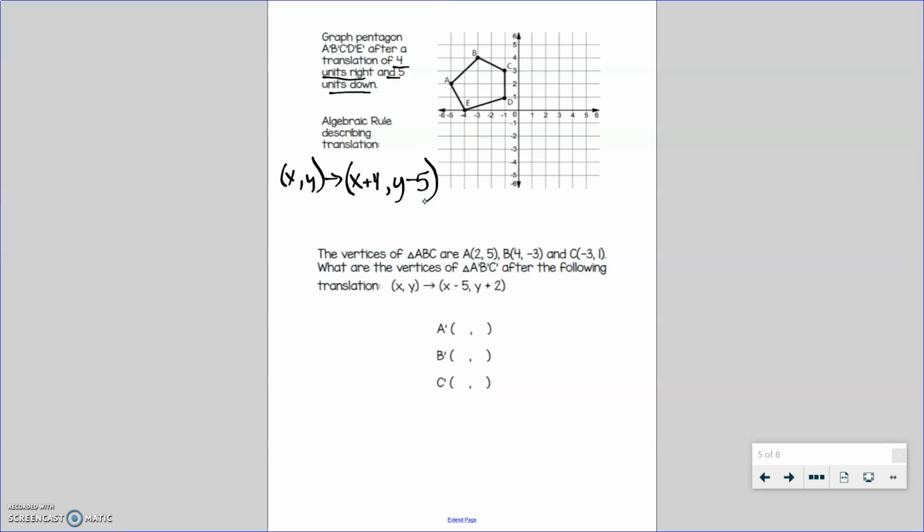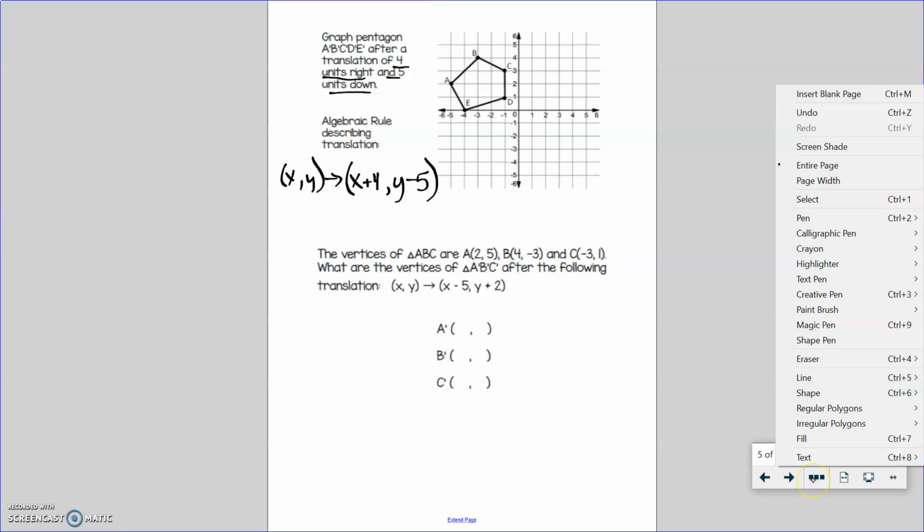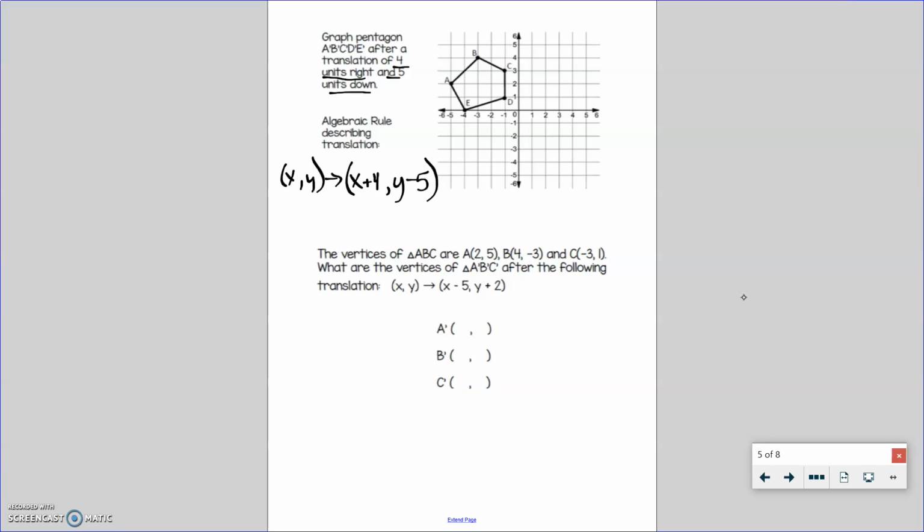So what I'm going to do is do this for every point so that I can draw my new pentagon. I'm going to start with C just so you can see it. So I'm going to go 4 units to the right. So that's 1, 2, 3, 4. And 5 units down. 1, 2, 3, 4, 5. I make a point.